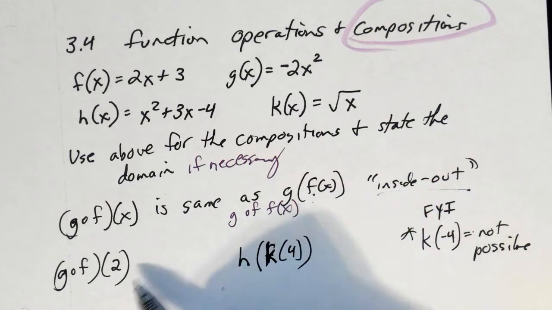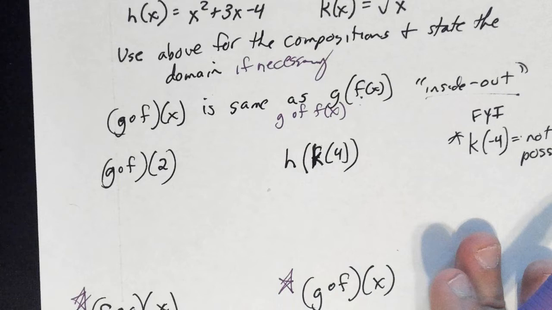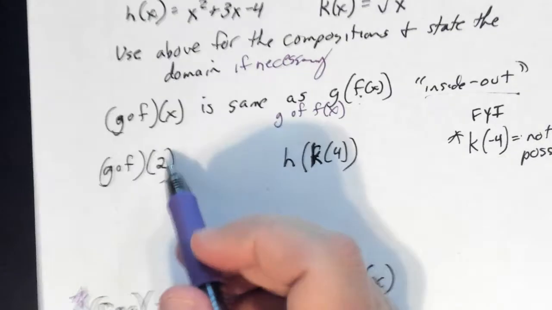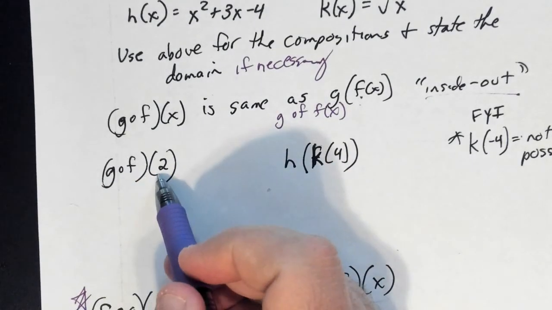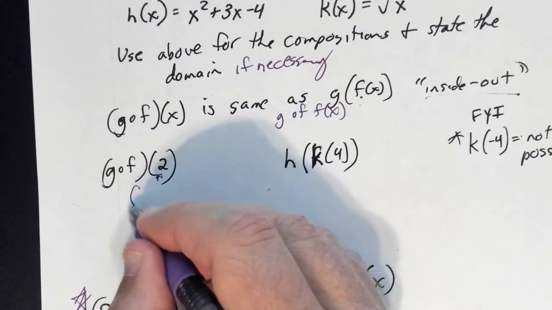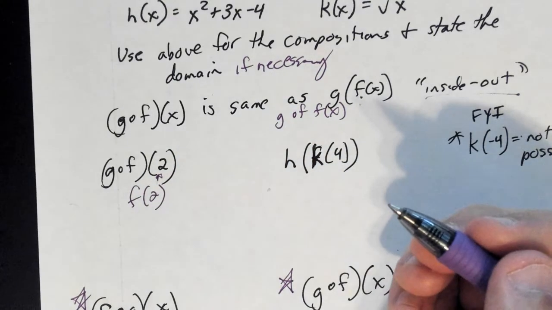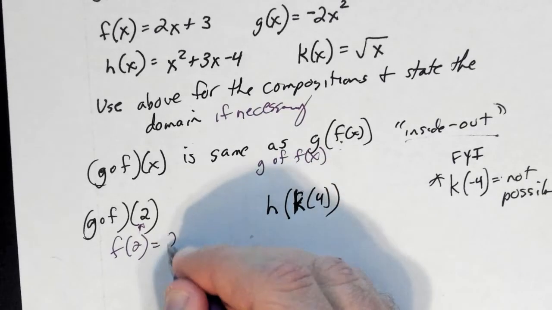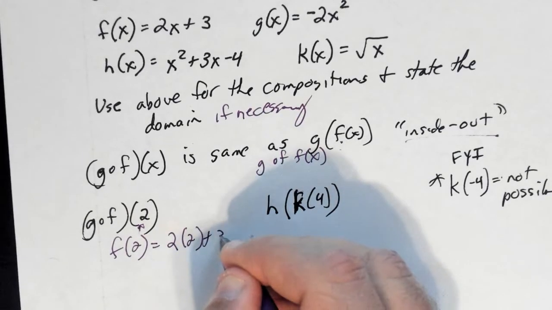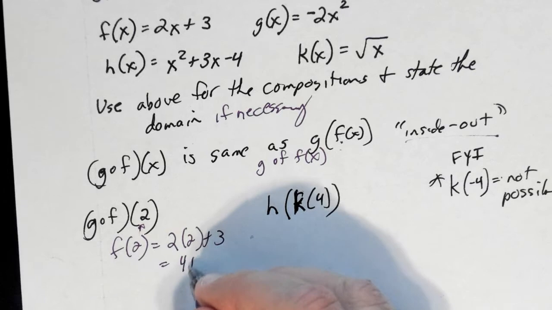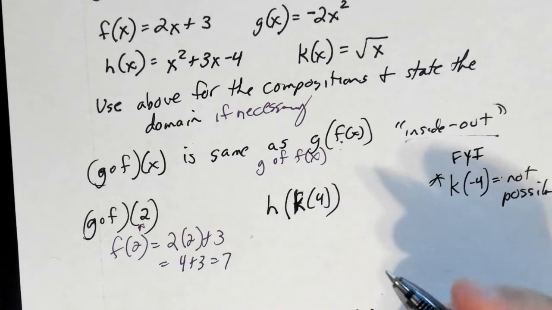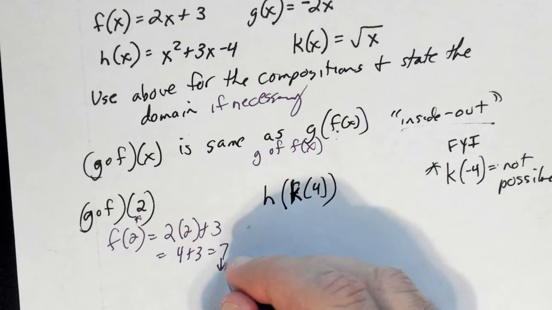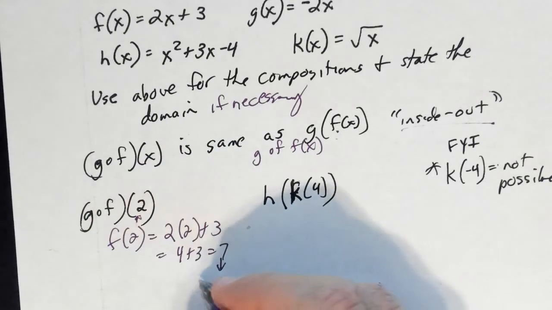Well, what does that mean if there's a number there? If there's a number, like this one, 2, you're going to first find f of 2. So we're going to do that, 2 times 2 plus 3, which would be 4 plus 3, which is 7. And then you're going to take that answer and put it into the outside function, which is the g function.